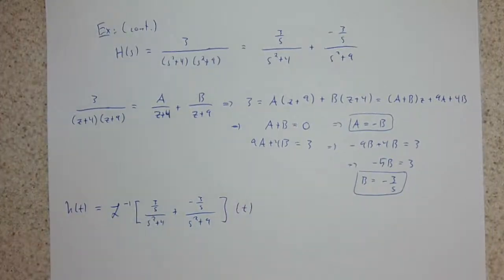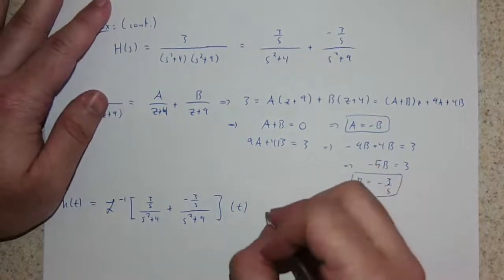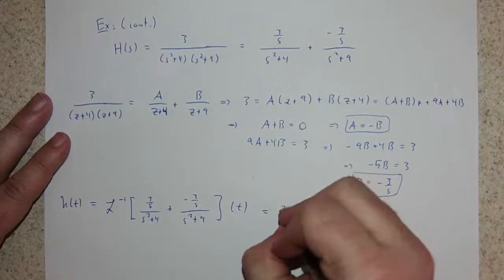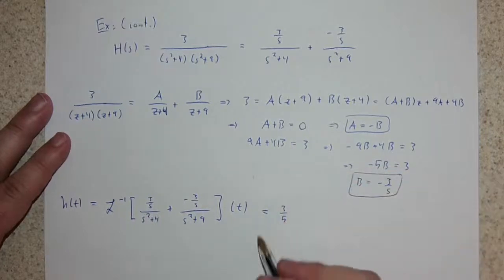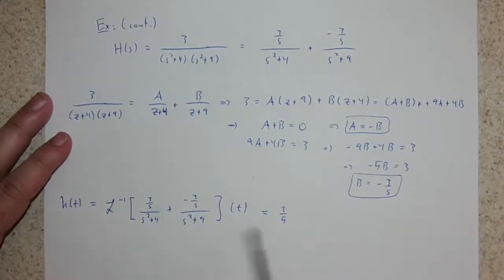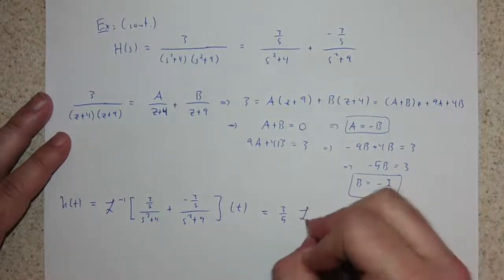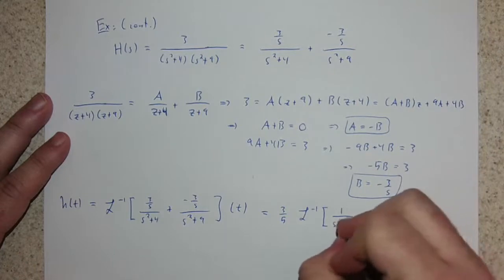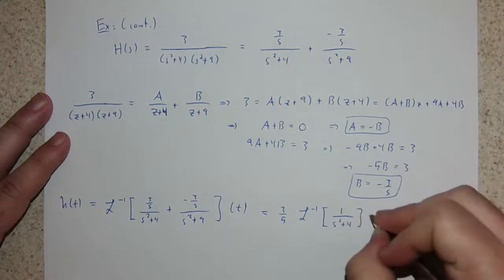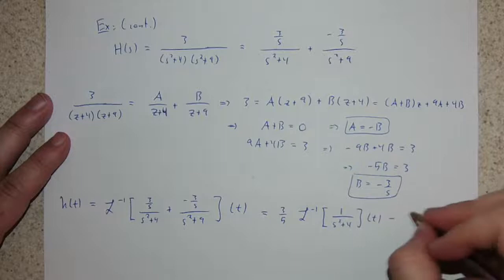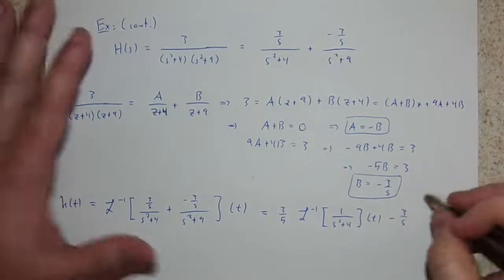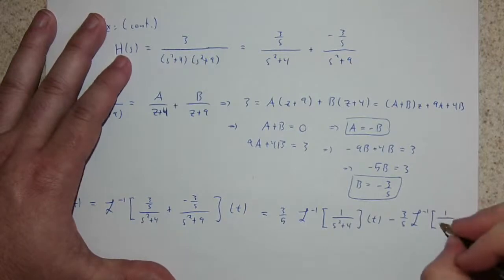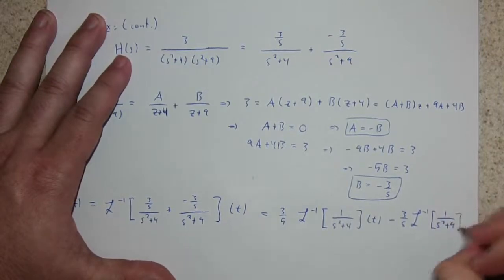Now I kind of see where this is going, so I am going to say this is equal to, using linearity of the inverse Laplace transform, 3/5 times the inverse Laplace transform of 1 over s squared plus 4 of t, minus 3/5 times the inverse Laplace transform of 1 over s squared plus 9 of t.